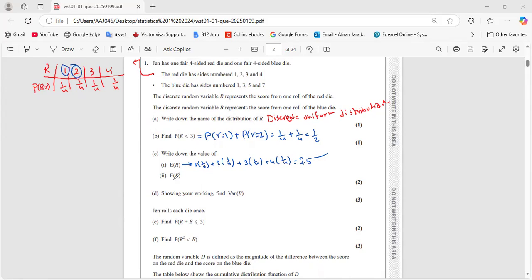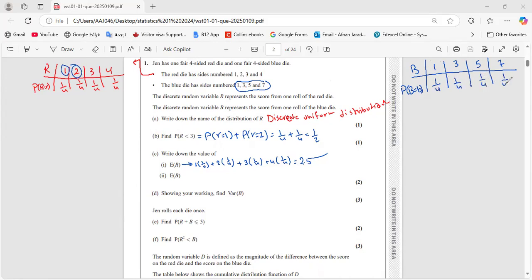What about the expected value of B? Look, the outcomes of blue are 1, 3, 5, and 7, and the probability of each one is also 1 over 4 because it's fair.